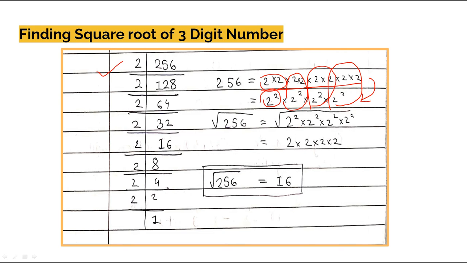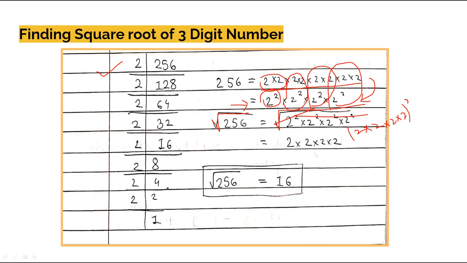And once you show this step, you take the square root on both sides. And once you are taking square roots on both sides, the square root will cancel out these powers, because all have power two. Can I show it just like this? This is the other method.